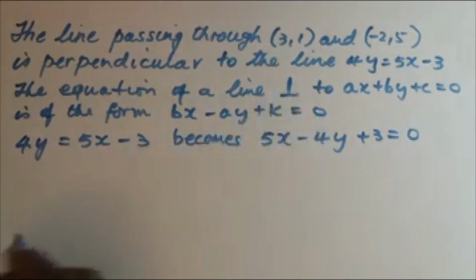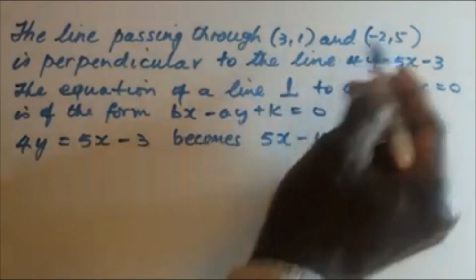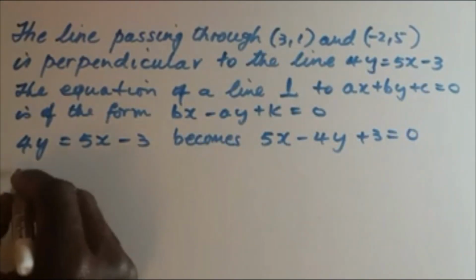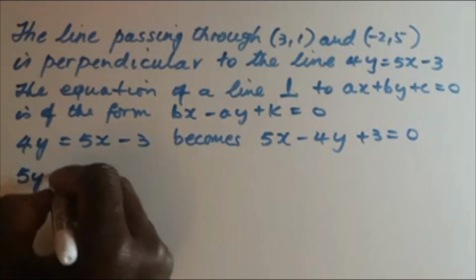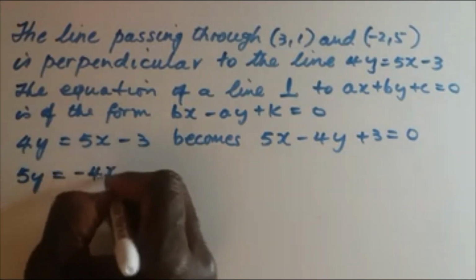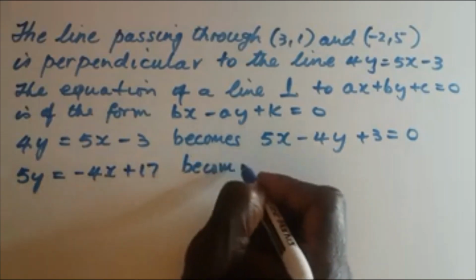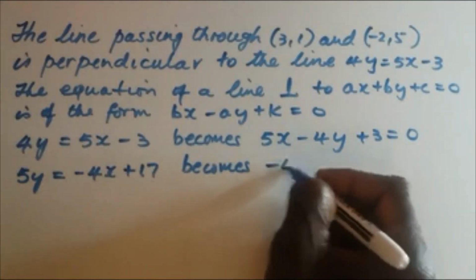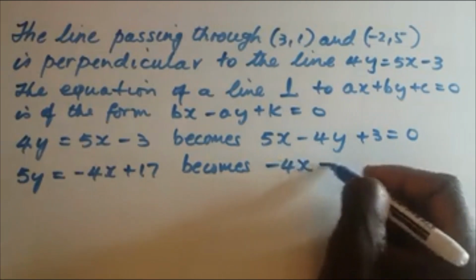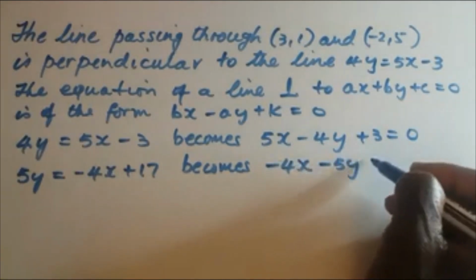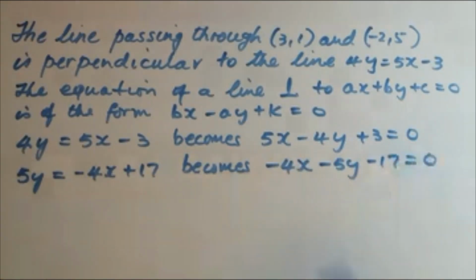And the equation passing through these 2 points, that was 5y = -4x + 17, and this becomes -4x - 5y - 17 = 0. In this way it's a lot easier to compare.